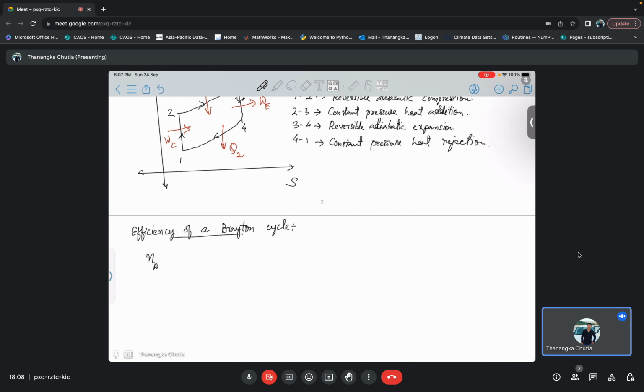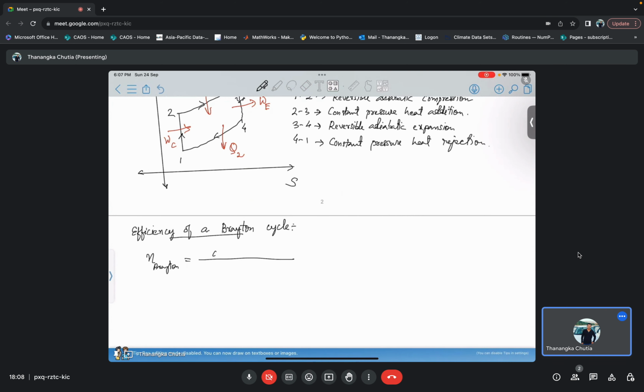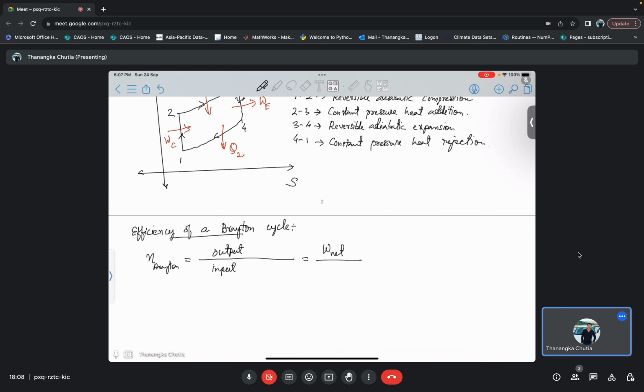Eta Brayton, as we know, whatever may be the cycle, the efficiency is basically output divided by input. So what is the output? That is basically net work divided by the input, Q1.